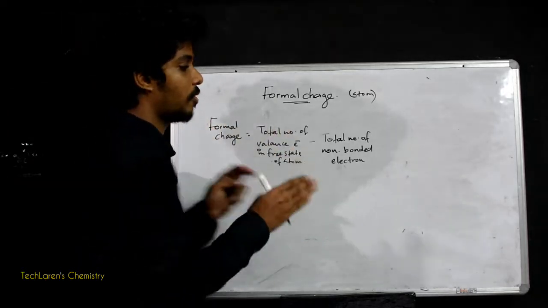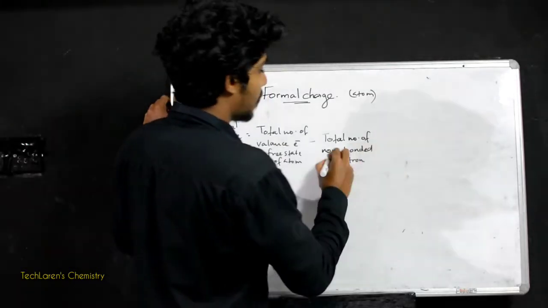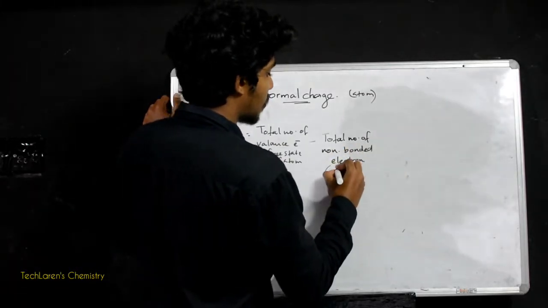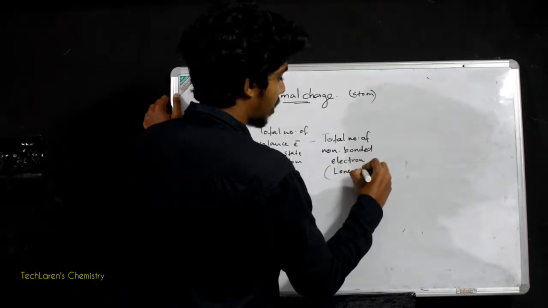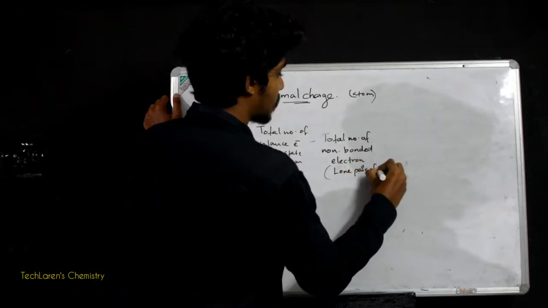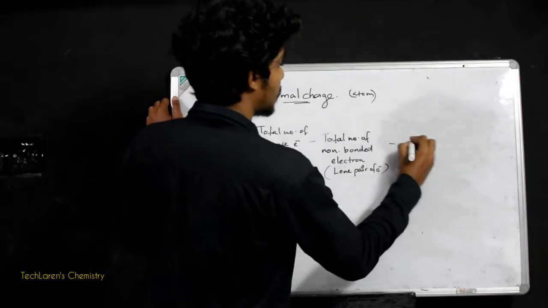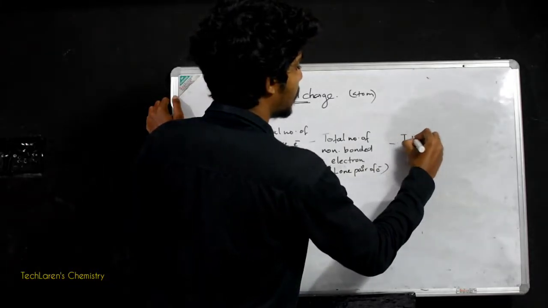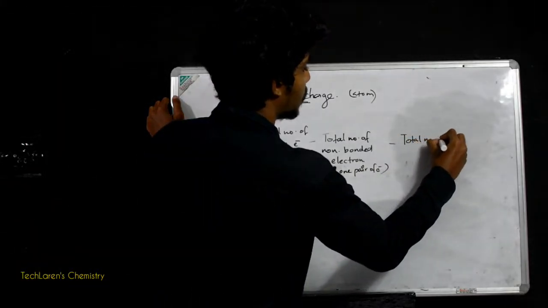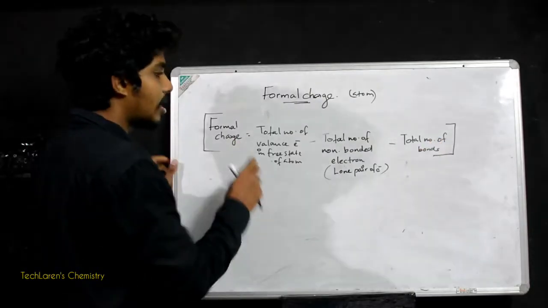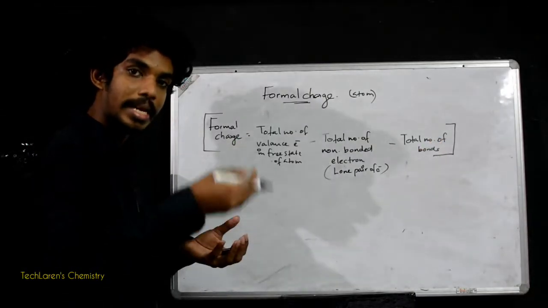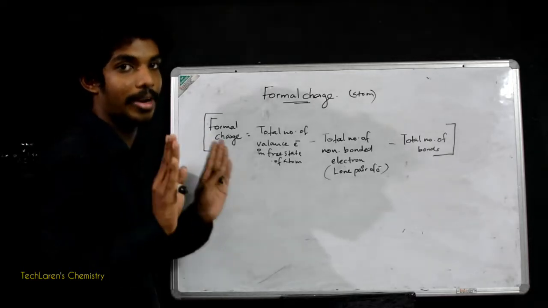The total number of non-bonded electrons is otherwise known as lone pair of electrons. Minus the total number of bonds. From this idea, the formal charge of an atom in a compound can easily be found.